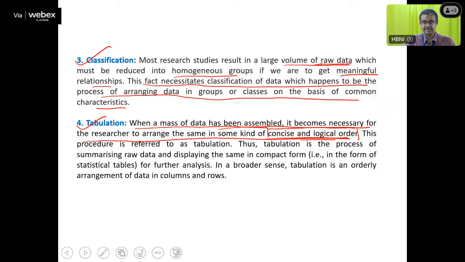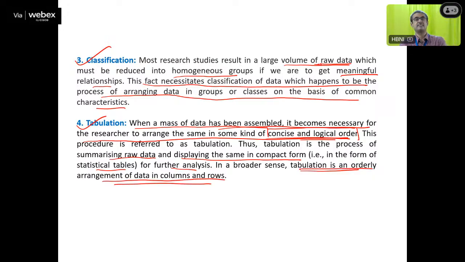Thus tabulation is the process of summarizing raw data and displaying the same in compact form, that is, in the form of statistical tables or graphs for further analysis. In the broader sense, tabulation is an orderly arrangement of data in columns and rows. Every one of you has created tables of the samples which you have analyzed, and this process is known as tabulation.